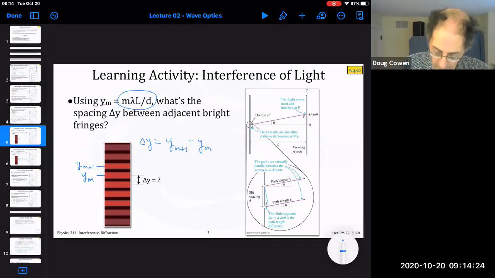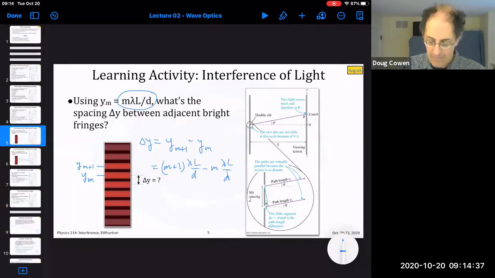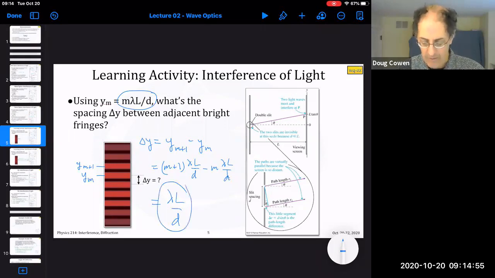In other words, we'll have m plus 1 times lambda L over D minus m times lambda L over D. You can do that algebra pretty straightforwardly, and you will just get lambda L over D. So that is the distance between two of these fringes. You can see that they're regularly spaced, as you would expect from this formula. So the distance between any two of these is given by lambda L over D.